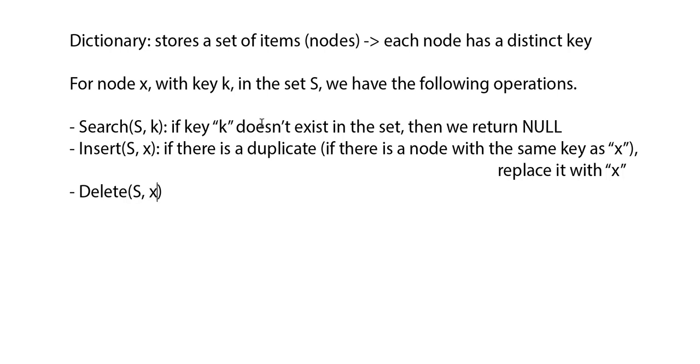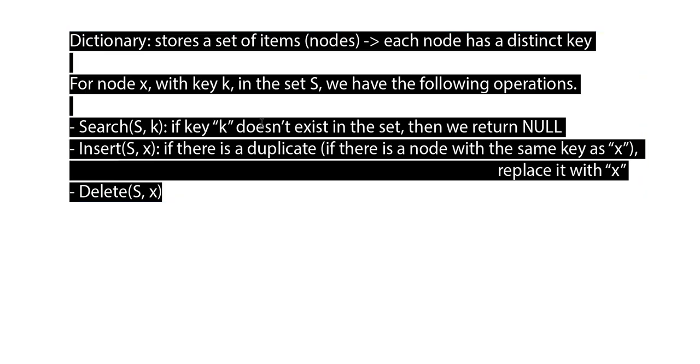So finding the reference to X is not a problem. Once we have it, we just delete X. So these are the three operations that a structure must support if we were to call it a dictionary ADT.